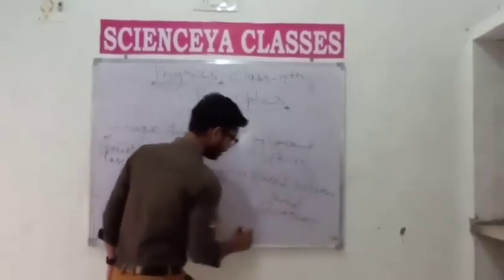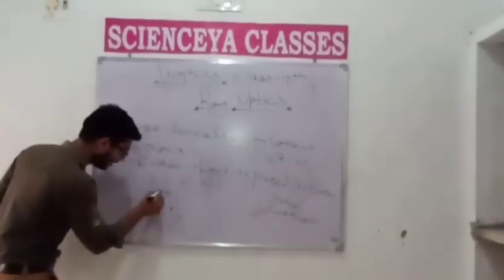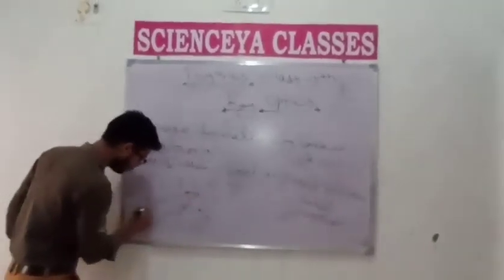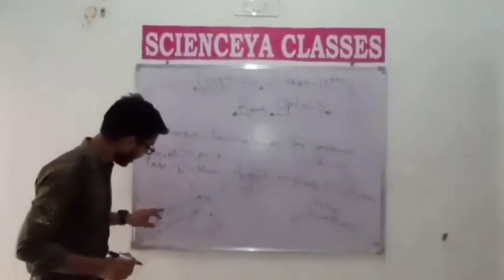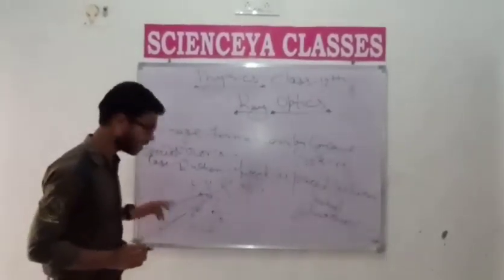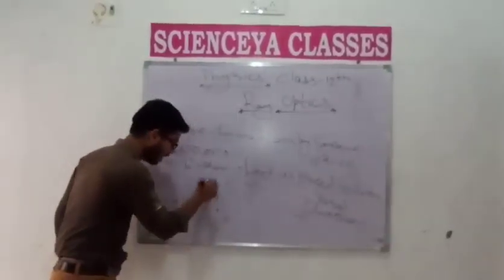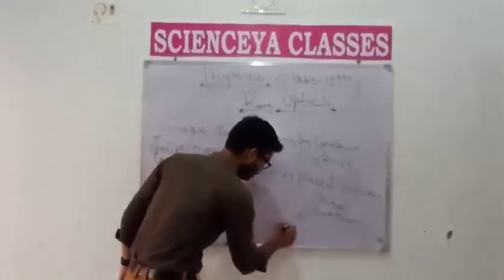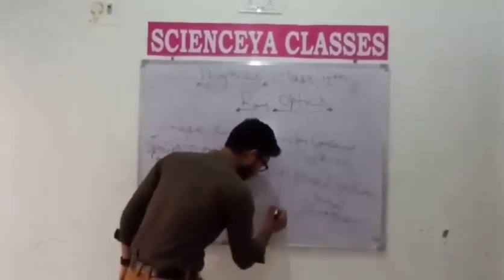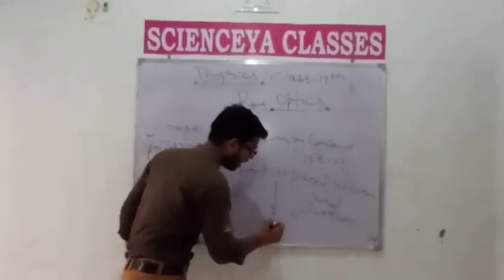and it is not inverted, because student, the second ray is passing through the center of curvature, and we discussed that any ray passing through the center of curvature makes an angle of 0 degrees with the normal on the surface of the concave mirror. This ray is incident on the surface of the concave mirror and reflected at the same angle.